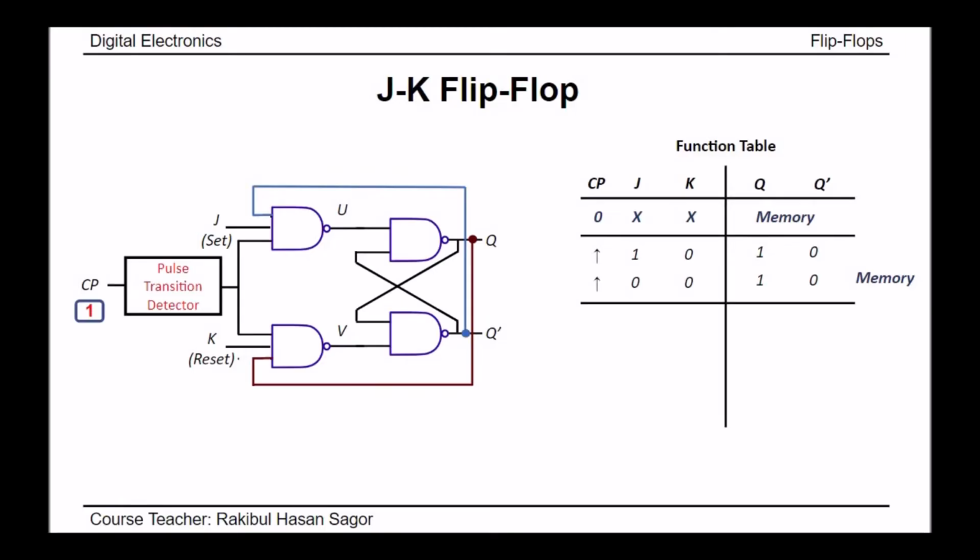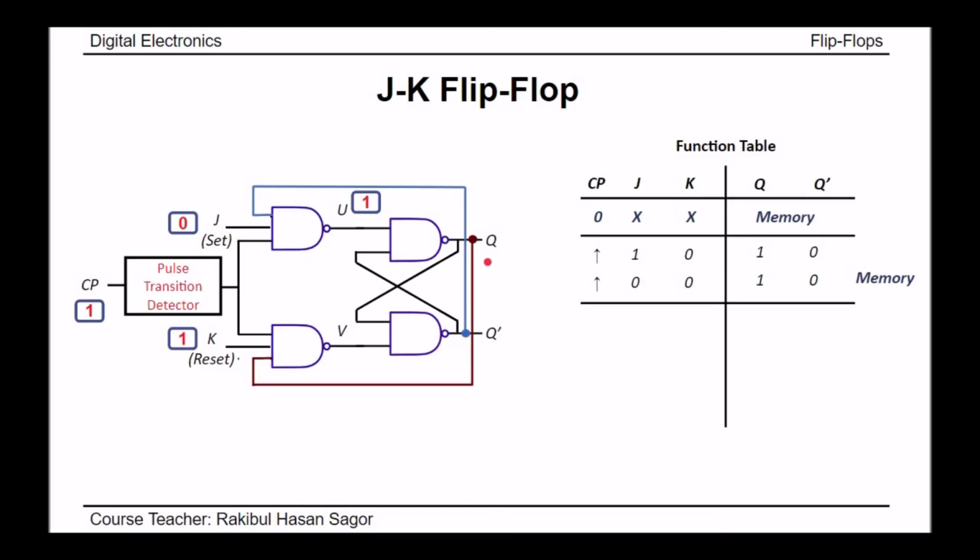Again, when j equal to 0 and k equal to 1, as one of the inputs of the upper NAND gate is 0, we know the definite value of u is equal to 1. But here clock pulse equal to 1, k equal to 1. So in order to know the value of v, we need to know what was the previous value of q. We do not know what was the previous value of q.